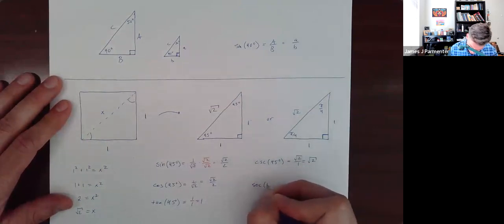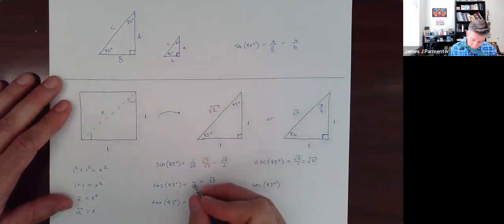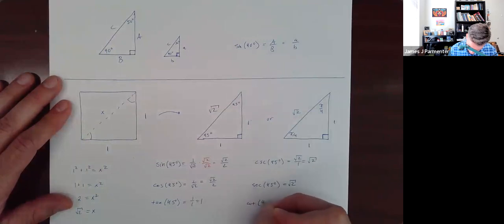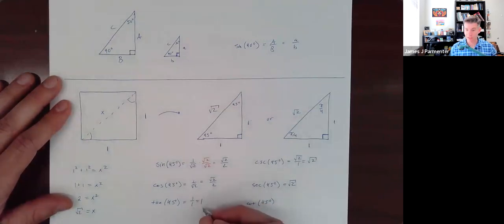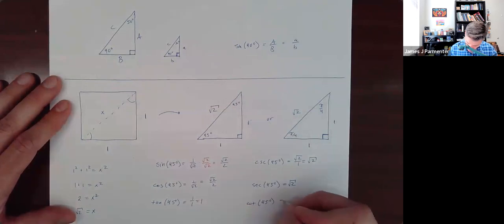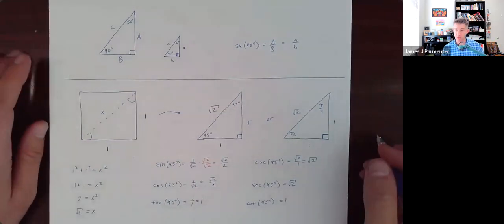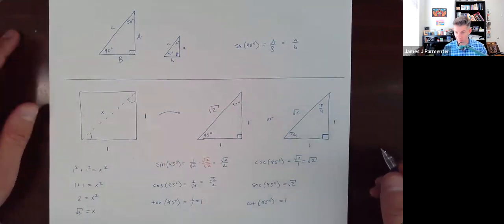Secant of 45 degrees is going to be the reciprocal of root 2 over 1, which is just root 2. And cotangent of 45 degrees is going to be the reciprocal of tangent, which is just 1 over 1, which is still 1.